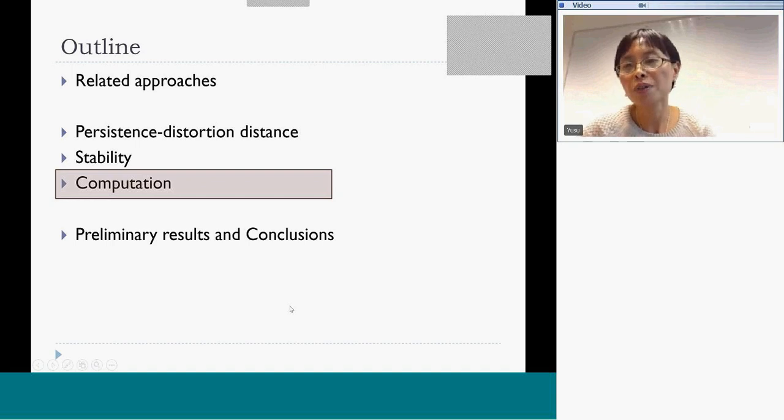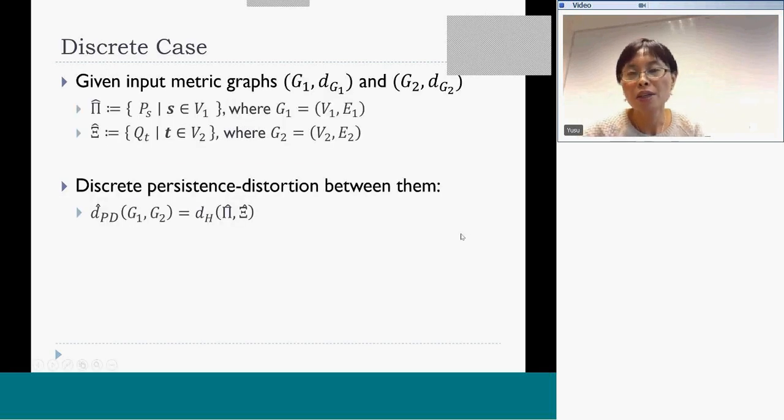Now let me talk about the computation of this persistence distortion distance, which is the largest part. Let's do a simple warm up. Let's look at a discrete case, where, when I map the input graph to the space of persistence diagrams, I only consider those base points that come from the node set of the input graph.